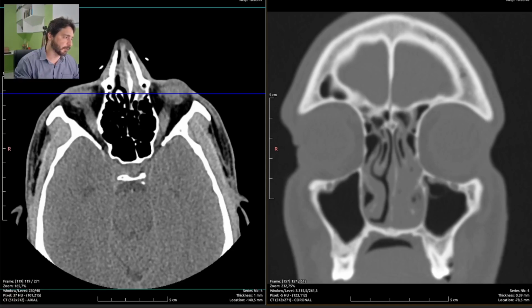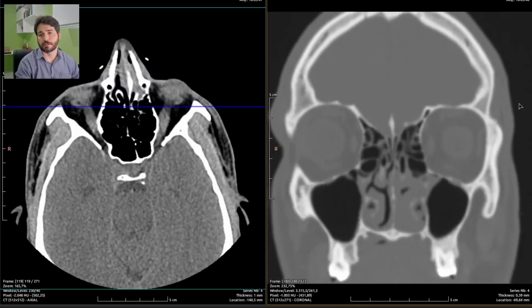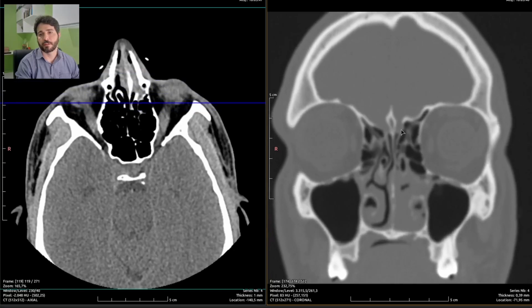And enlargement of the lower ones. Oh, let's see the Keros classification. It's 3. Keros, yep, over 7. And there is a right-sided inclination of the fovea. Mandal fovea.